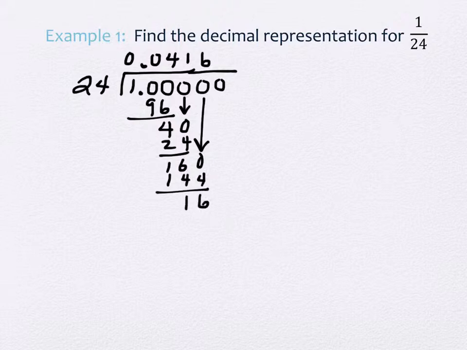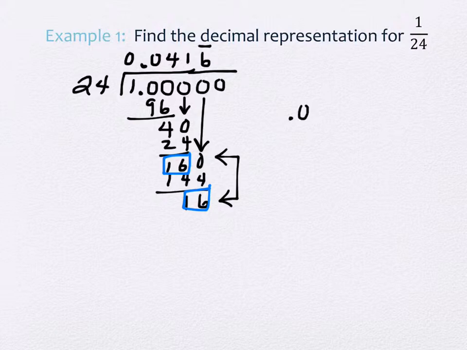And if I subtract, what you'll notice is I get 16. Well, 16 was the remainder I got in the last step as well. So from here on out, every time I do this, I'm going to get 16 that becomes 160, goes in 6 times, I get 144, and subtract it to get 16. I'm just going to keep repeating that very same process over and over again.